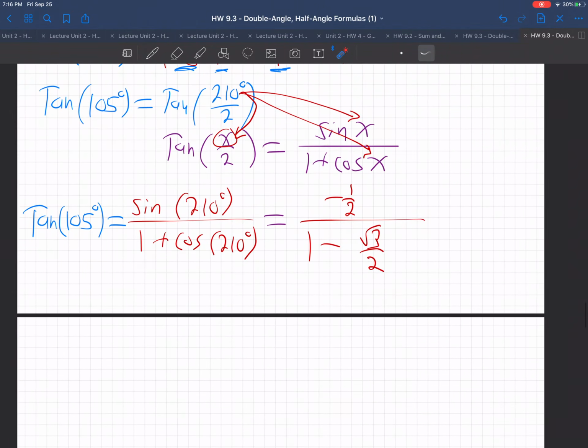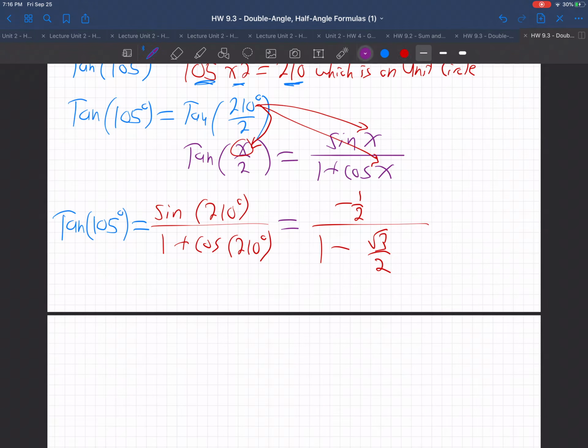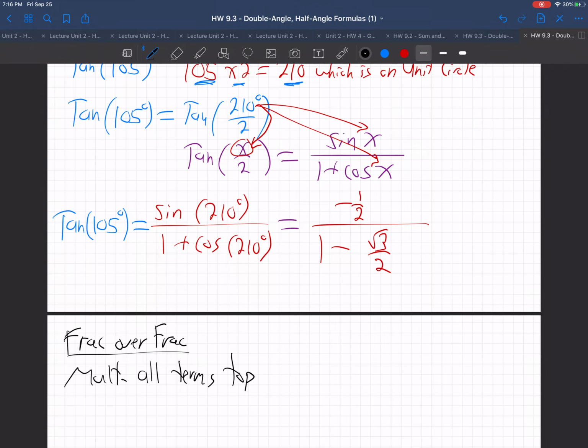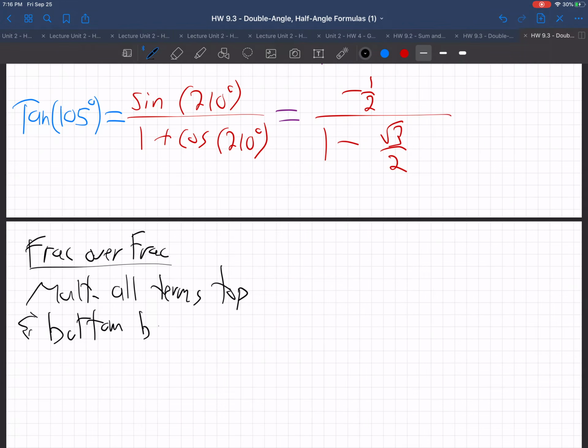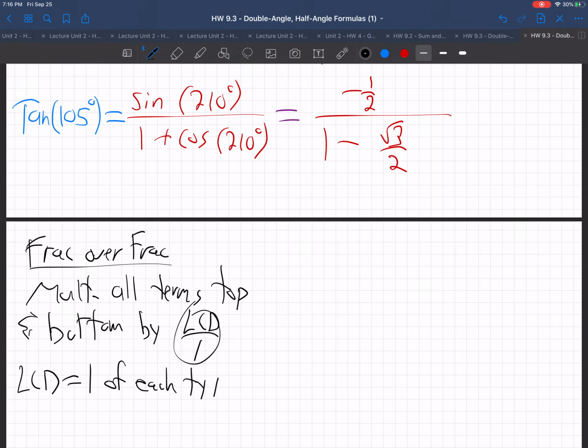Now, what do we do with that? Well, we've done this several times, right? When you have fractions over fractions, multiply all the terms, top and bottom, by the LCD over 1, where the LCD is 1 of each type of item under a small bar.